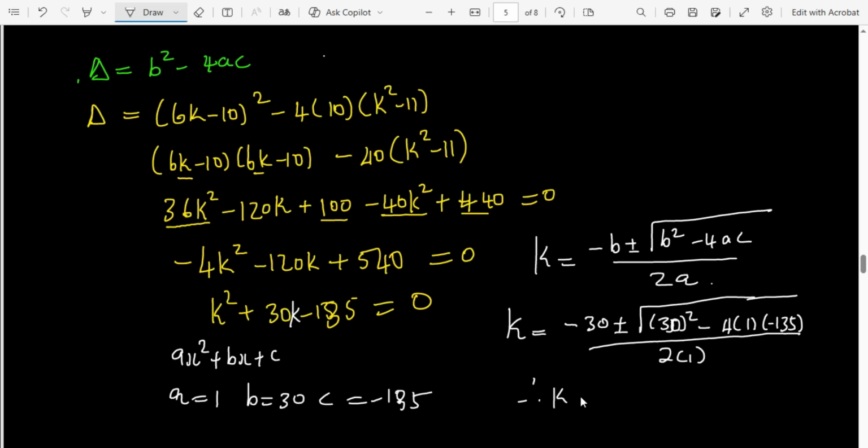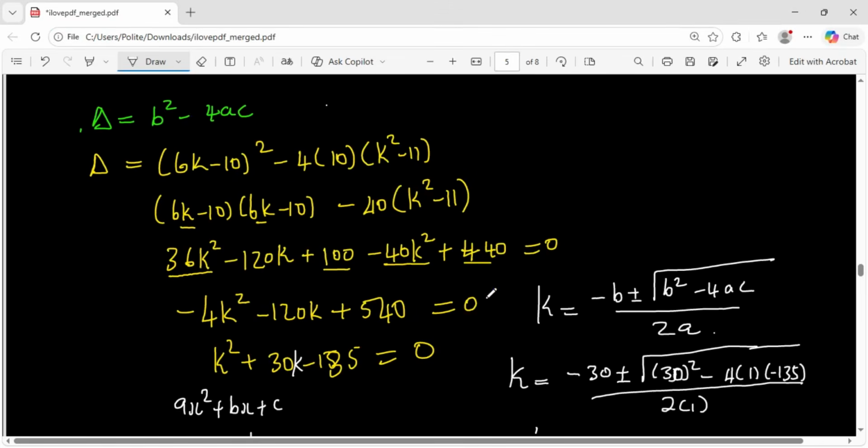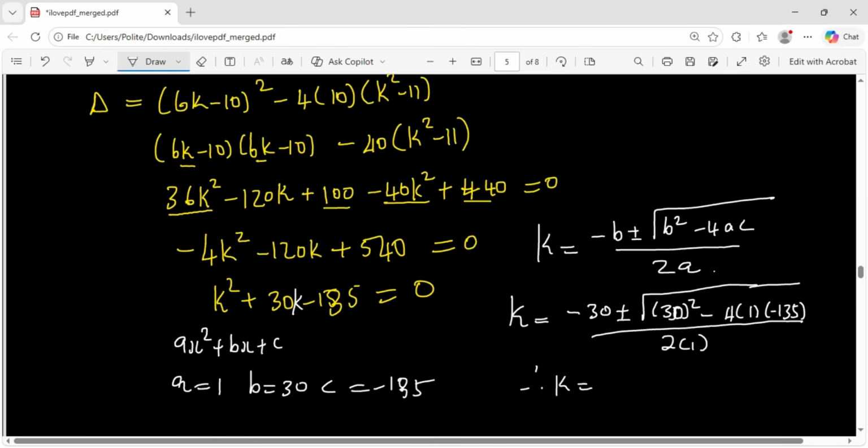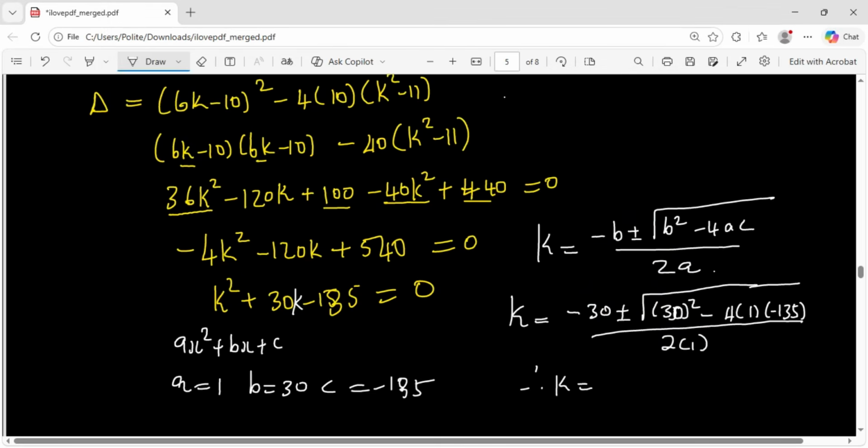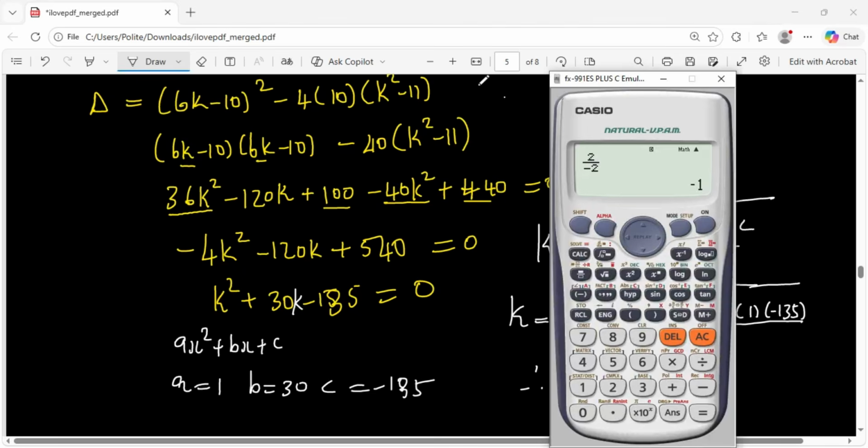Therefore, what is k equal to? When you punch that on the calculator, what is the value of k? Right, let me try to punch this in on my calculator and see what we get.